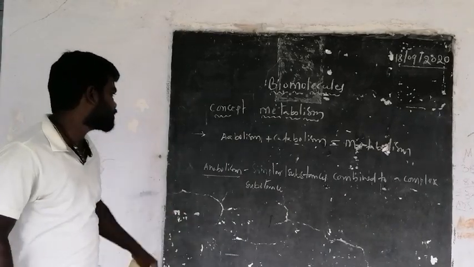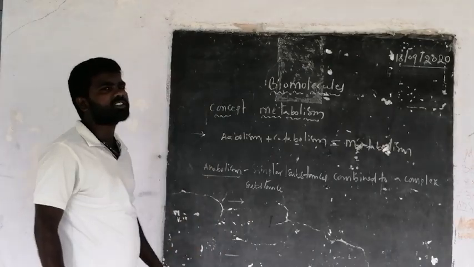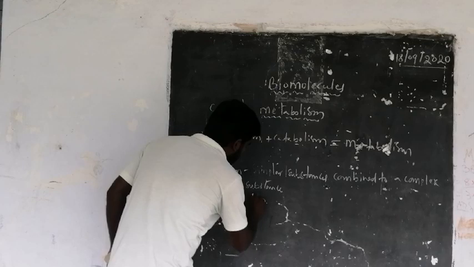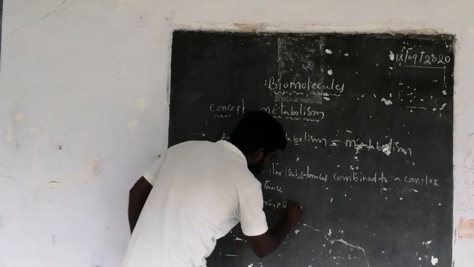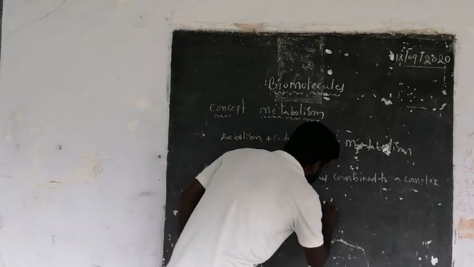What are the examples of anabolism? Photosynthesis and protein synthesis.